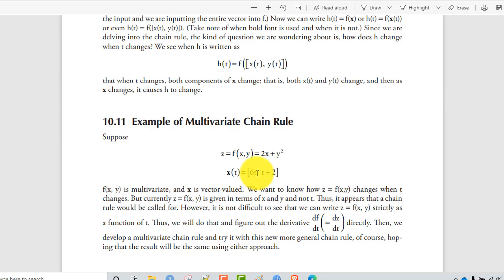So in this example, the way that x depends on t is it's equal to 6t, that is not the bold x, but this x, and the way that y depends on t is t plus 2. So in our picture, we would be saying that x is the function 6t.